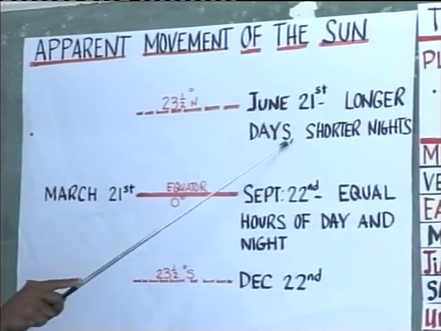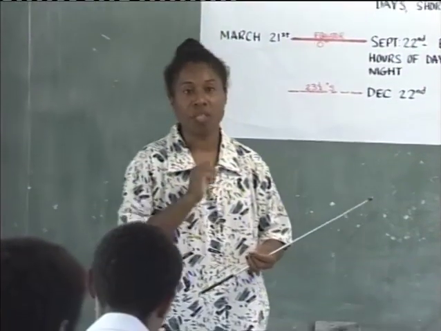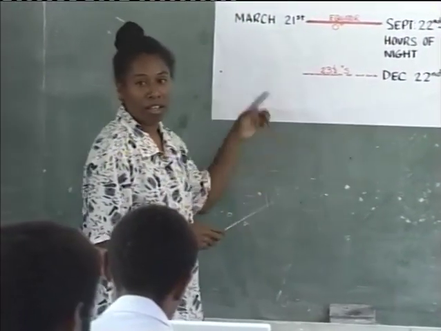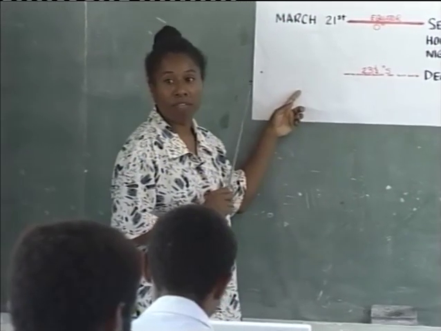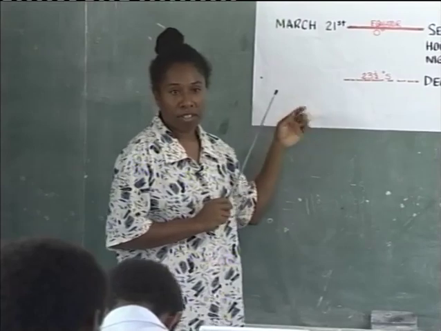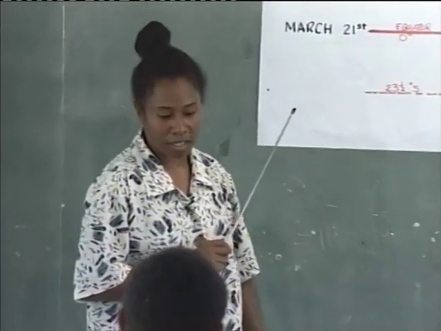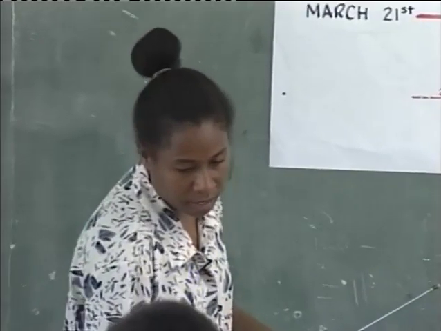This explains the reason for why we have varying length of day and night as one of the effects to do with the motion of the earth revolving around the sun. That's not all. The other effect we said is to do with the seasons. So let's look at the seasons.